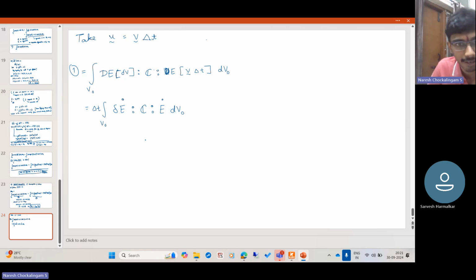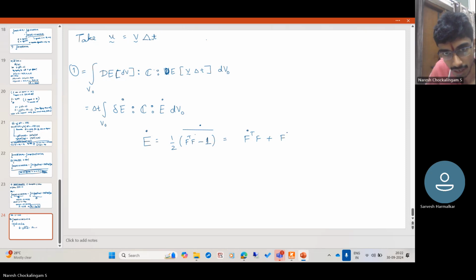Now look at E dot. What is E dot? E dot is half of F transpose F minus identity, the whole dot. So this we did everything. We did this: F dot transpose F plus F transpose F dot. We have done it multiple times. So again, use the relation F dot is equal to LF. Right? We have used this multiple times.